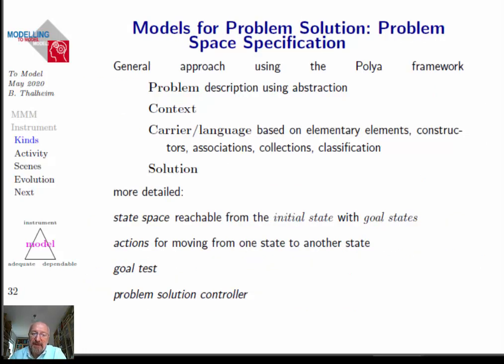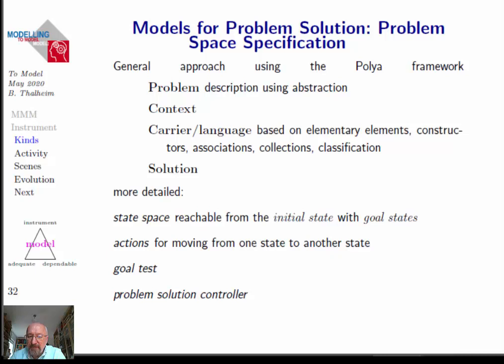Another kind of model will be the model that is somehow supporting problem solution. In this case, we can start with a problem space specification. The general setting using the POIA framework would be problem, context, carrier and language, and solution, where the state space somehow should map the initial state to some goal states.